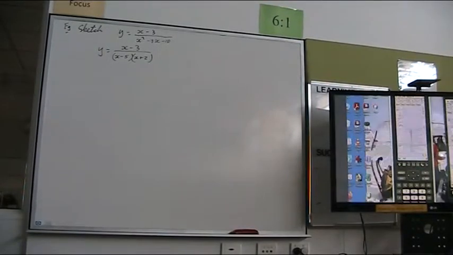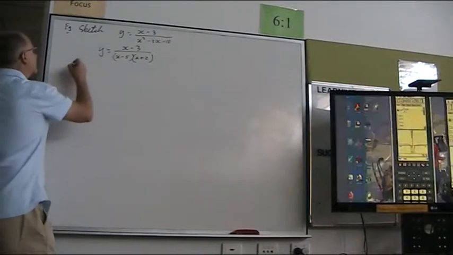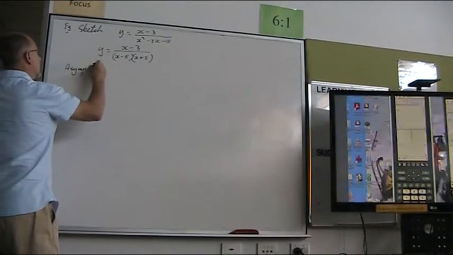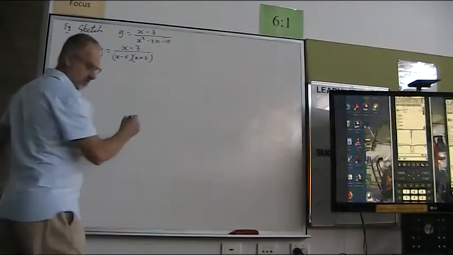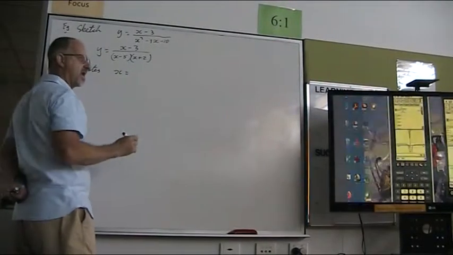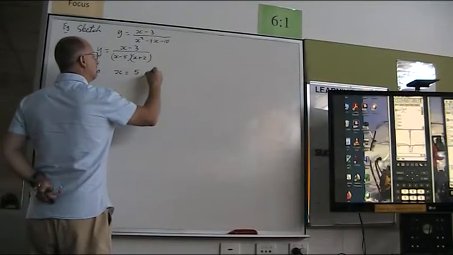There's no cancelling out, so that means we've got asymptotes, and we have 2, at x equals where and where? 5 and minus 2.